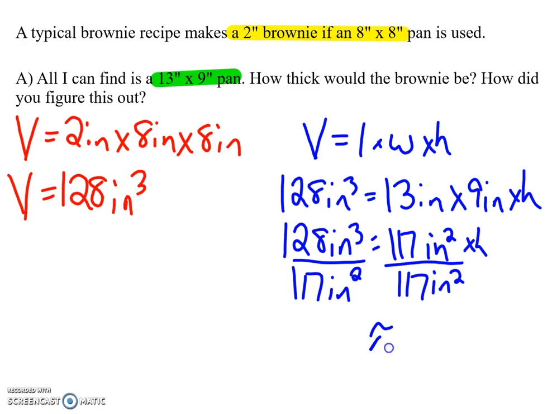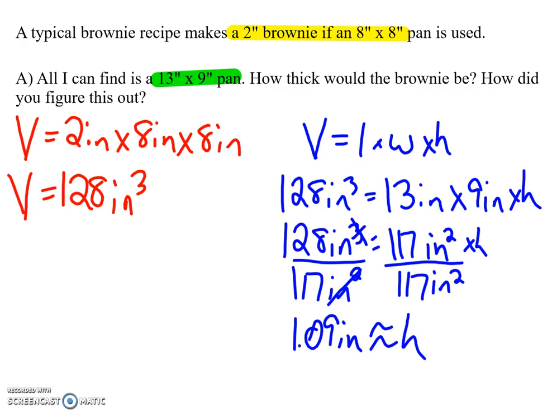And if I look at my units, then what happens? My inch cubed divided by inch squared, the squares go away. The cube becomes just straight inches, hence why the height will be in inches. And then 128 divided by 117 is approximately 1 and 9/100 inches.